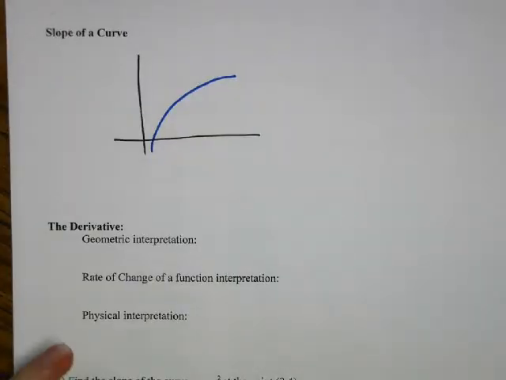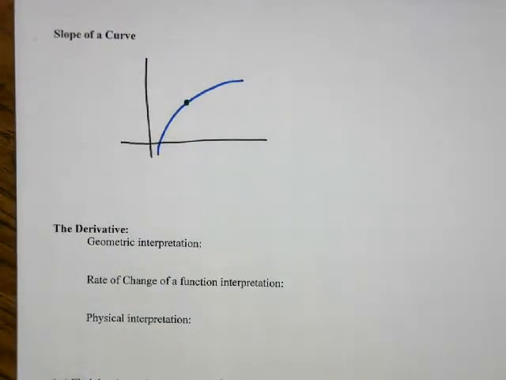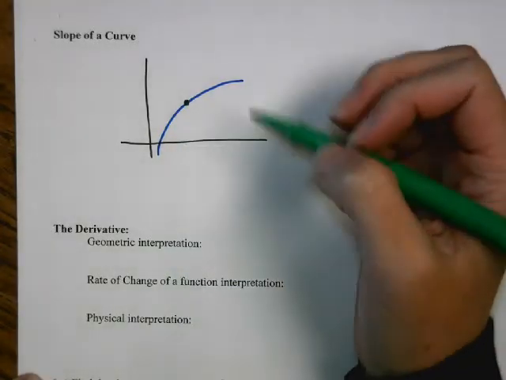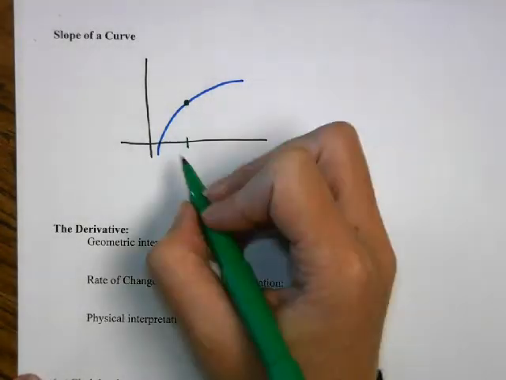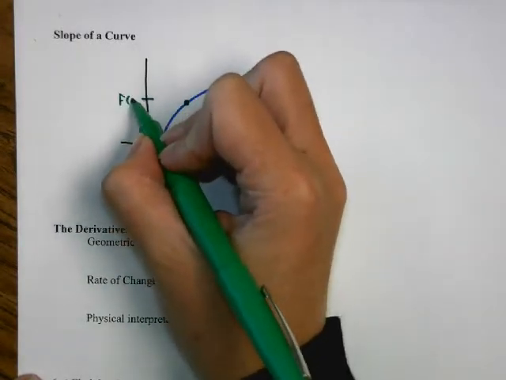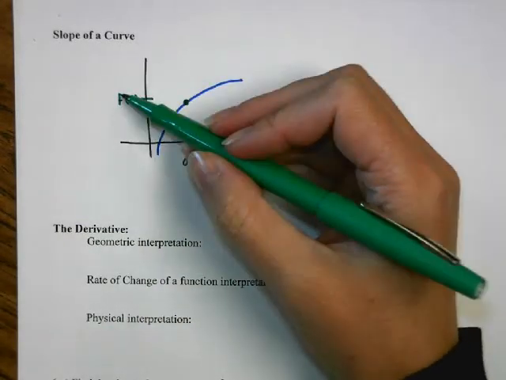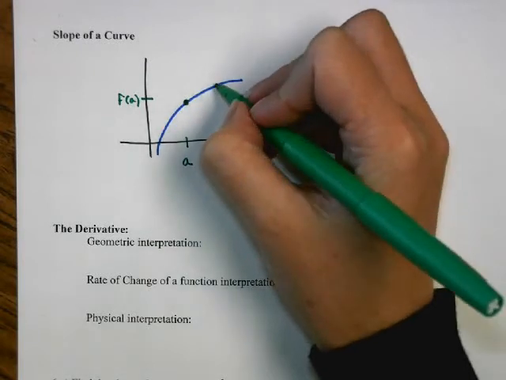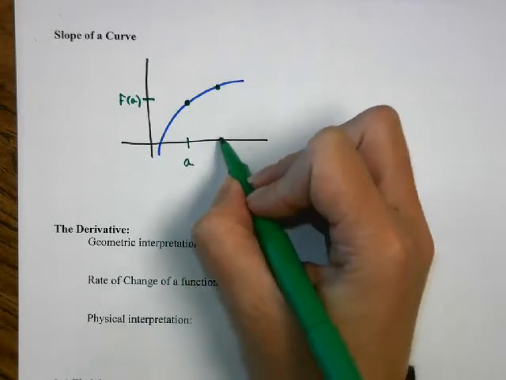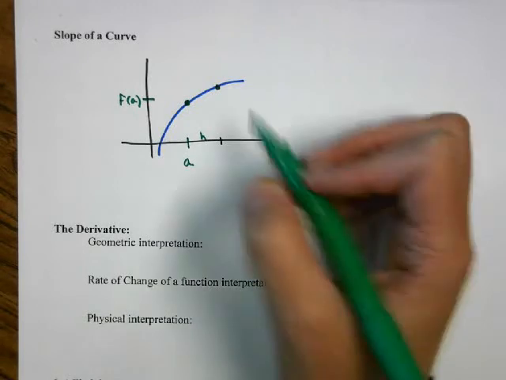Okay, so now we're going to look at the slope of a curve. So if I want the slope at a point, we need to use a secant line to approximate this. So this is going to be a point that I am interested in. Okay, so this is A, this would be f of A. So what I'm going to do is pick another point on this. And I'm going to say this distance here is h.